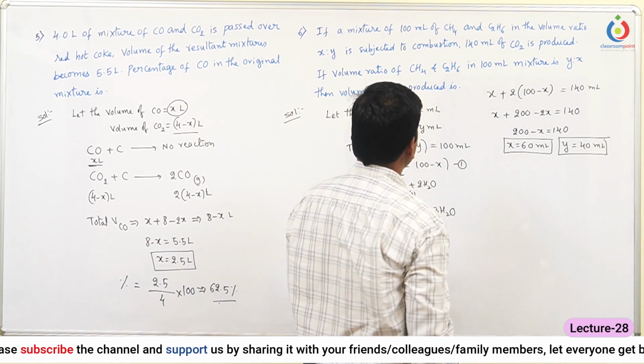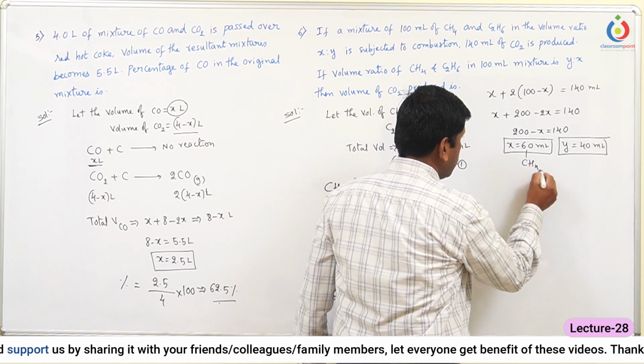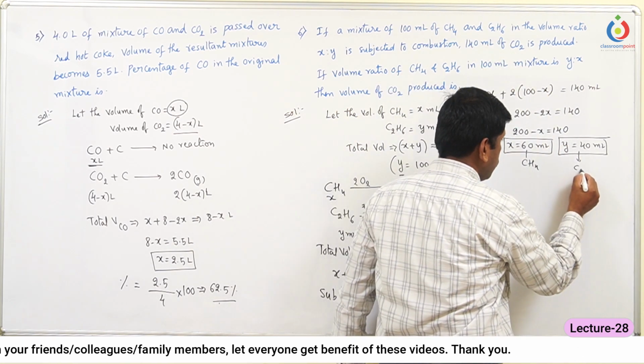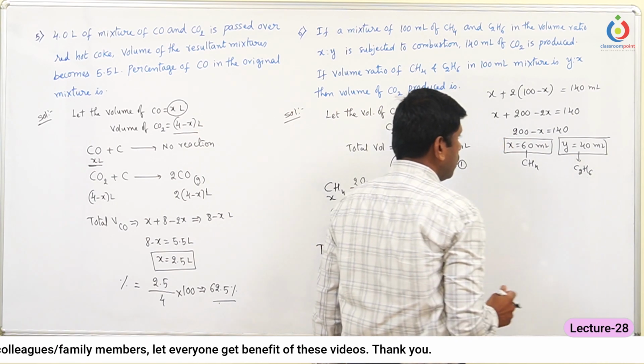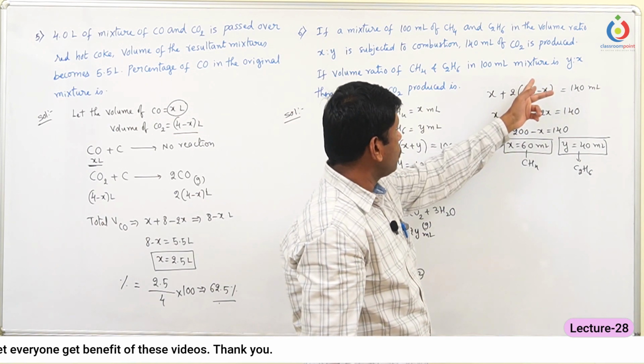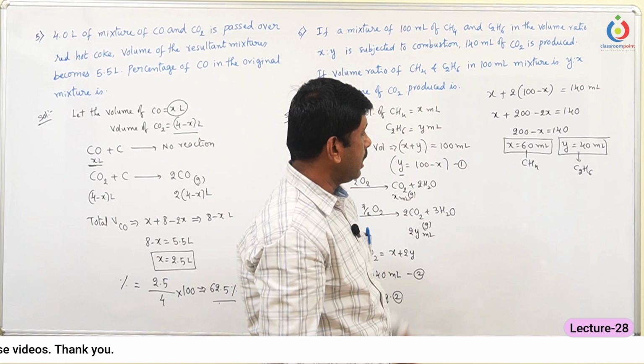That means X belongs to methane, whereas Y belongs to ethane, C2H6. Now they are reversing the ratios, so Y is to X, again in 100 ml of the mixture of methane and ethane only.